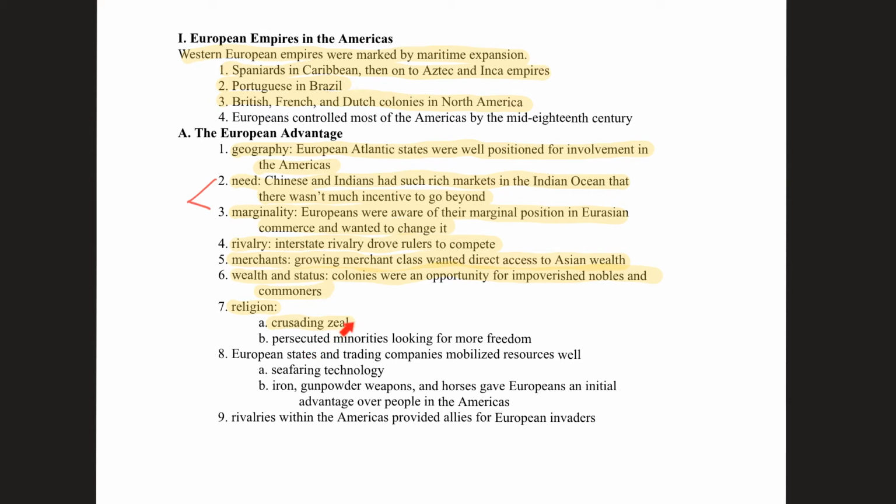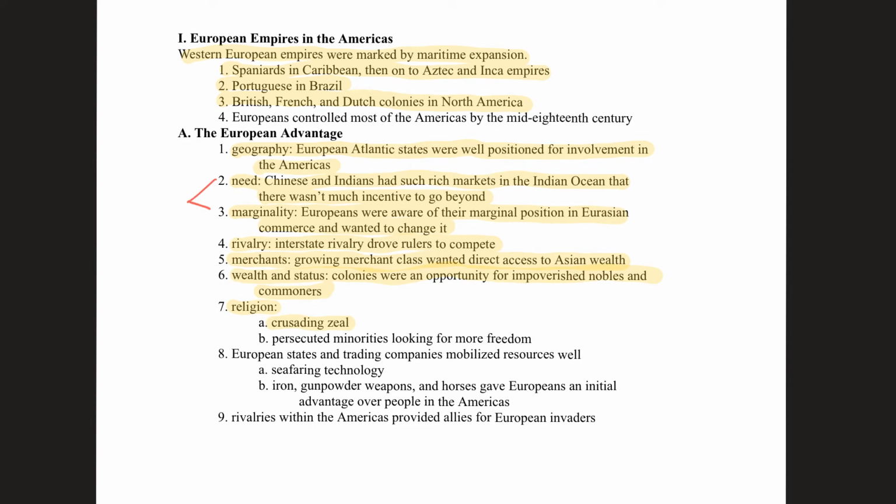I just want to put this note right here. It's a little bit of a bigger note, so you may have to fill in here and maybe down the margin. You want to put down here next to A, underneath number 7, that there is a need for more Christians.